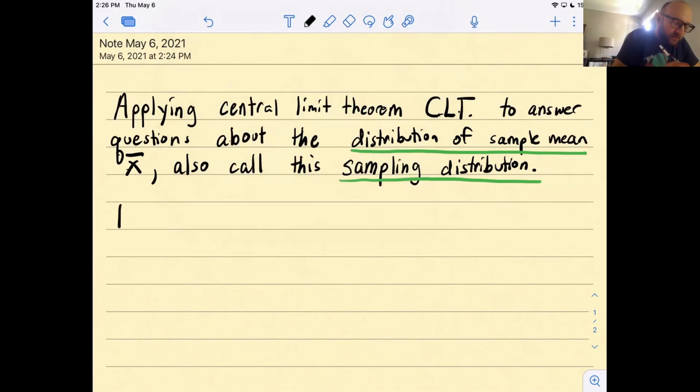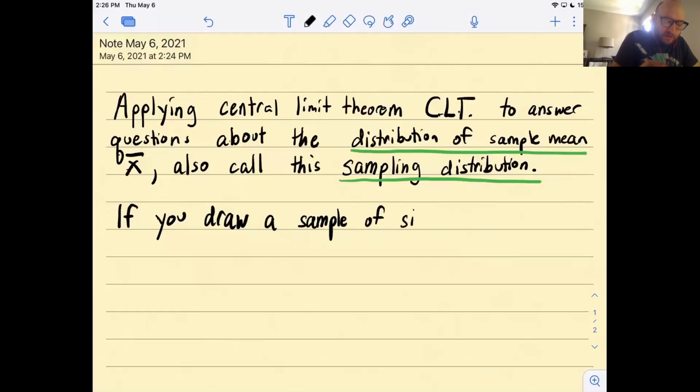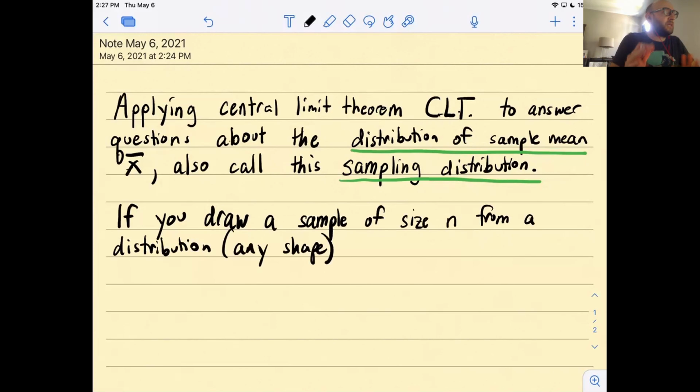So if you draw a sample of size n from a distribution, and this could be any shape. That's the idea, right? Any shape at all. We have no information about it.